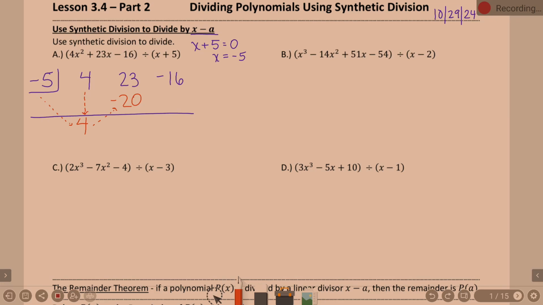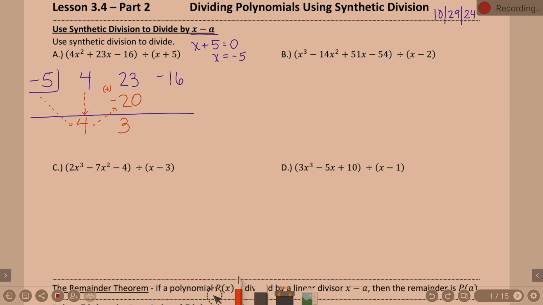And now we're going to add. What is 23 plus negative 20? 3. So where do we put the 3? Right down here. Okay, so we got that. I don't normally put this sign in, but we got that by adding, right?